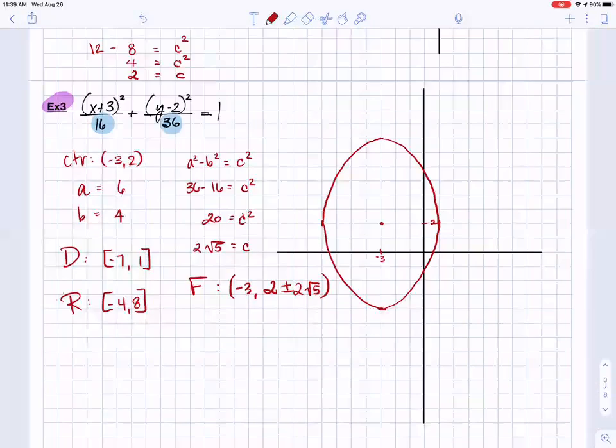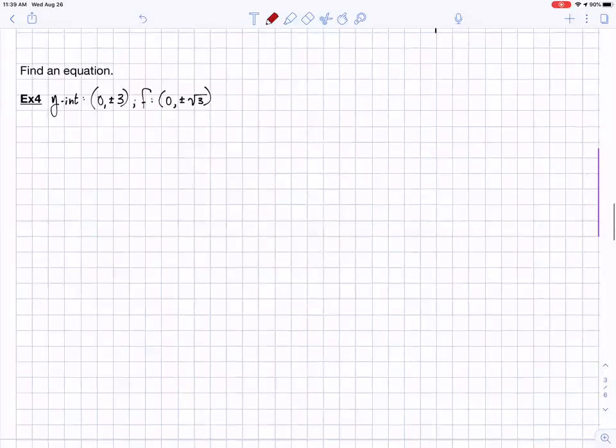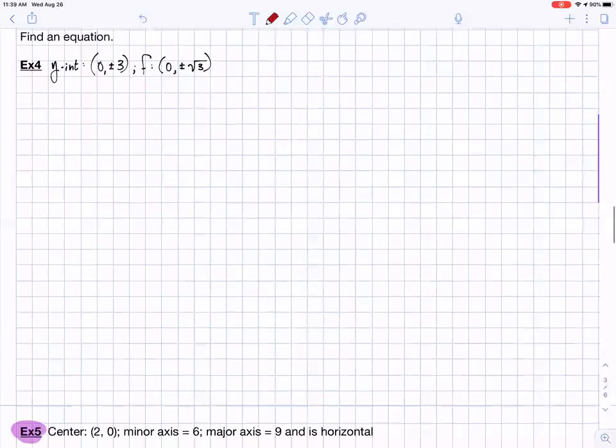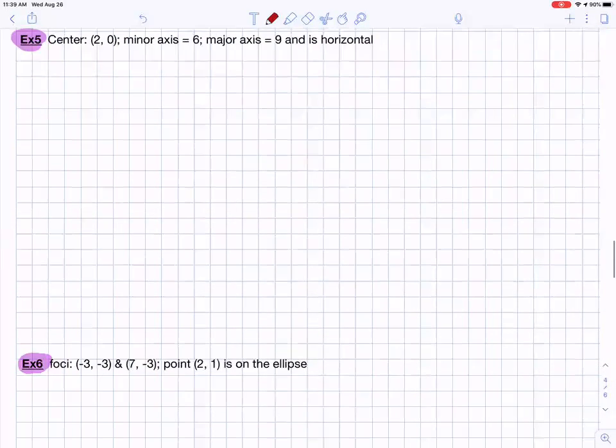Okay, moving on. We'll skip number 4, but I do need the directions, which says to find an equation. Find an equation. Do you remember back on parabolas, I gave you a list of, I think it was like 4 tips.